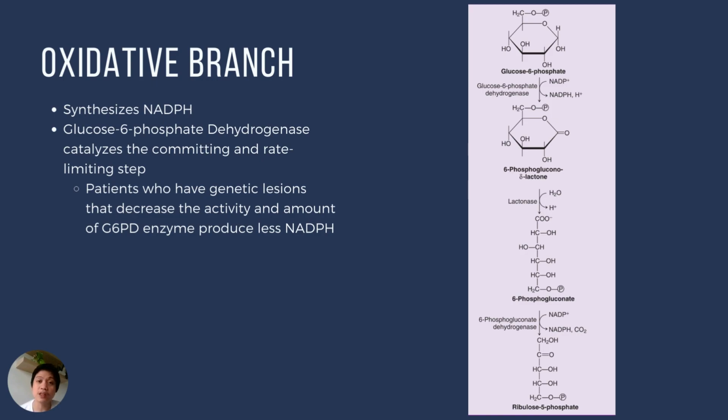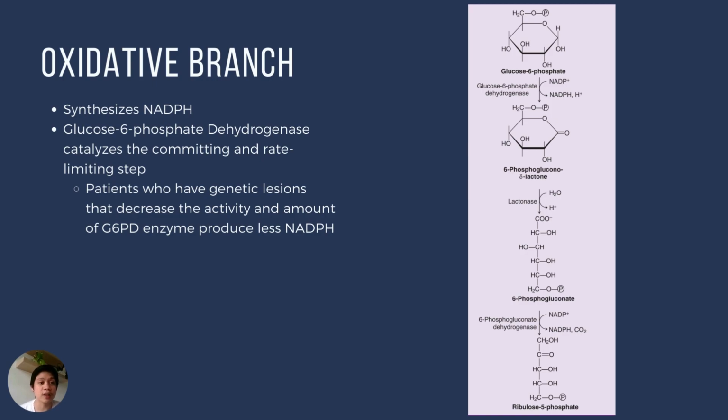It's called the rate-limiting step because the speed of the entire pentose phosphate pathway depends on the speed and activity of glucose 6-phosphate dehydrogenase. If glucose 6-phosphate dehydrogenase acts slowly, then the pentose phosphate pathway will also act slowly.